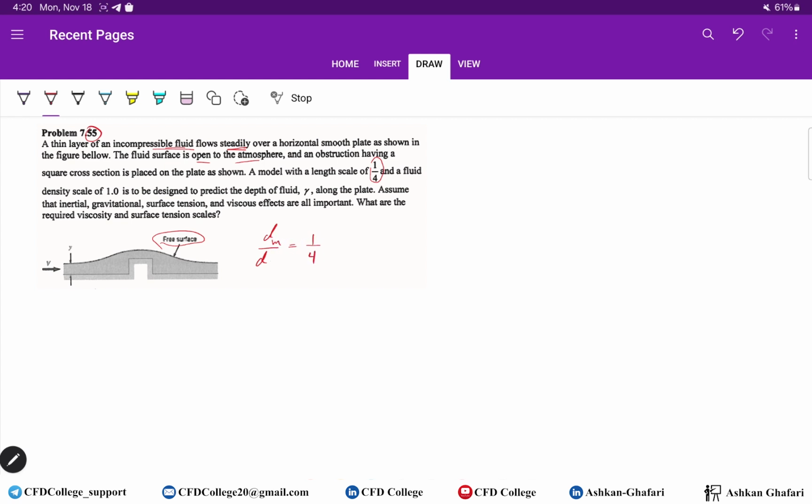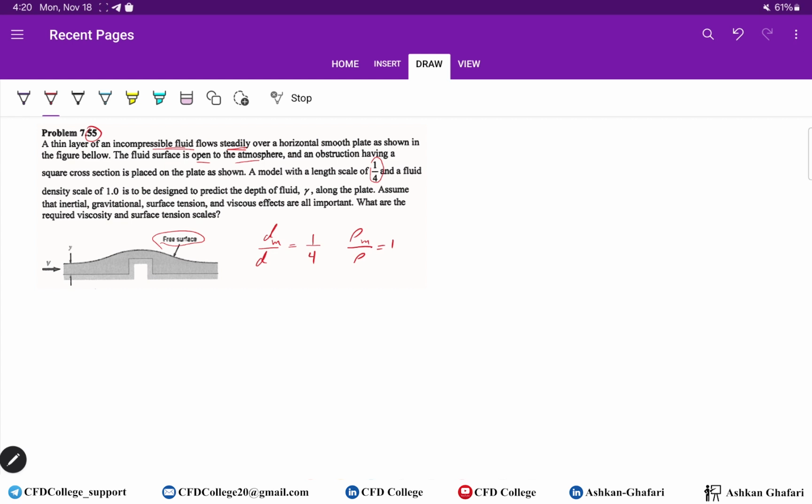A fluid density scale of 1, so rho m over rho is 1, is to be designed to predict the depths of fluid, y, along the plate. I think it should be y, not gamma.